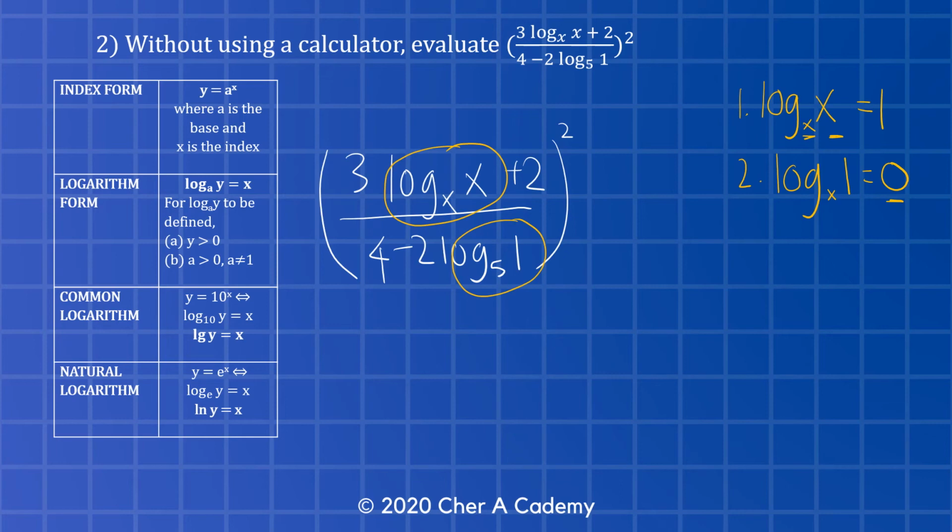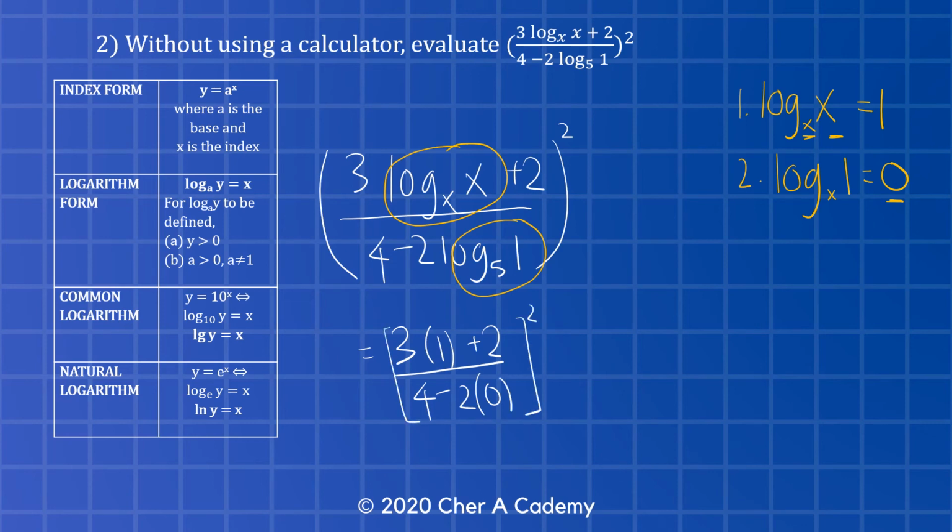So now let's put this back into the question. Equals 3 log base x will give me 1 plus 2 over 4 minus 2 log base 5, 1, and well, because I'm logging 1, I'll be left with 0.